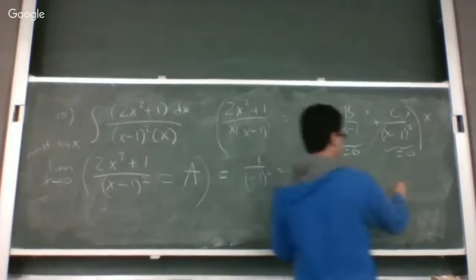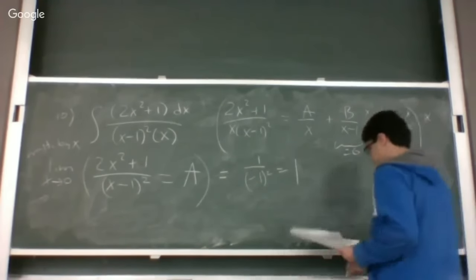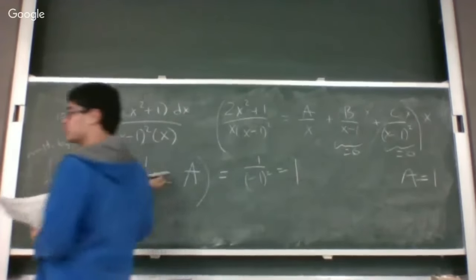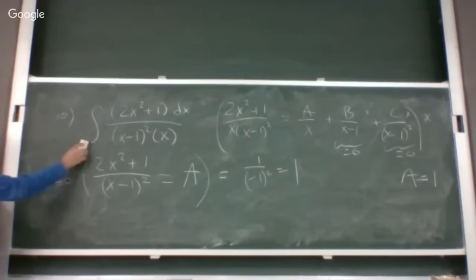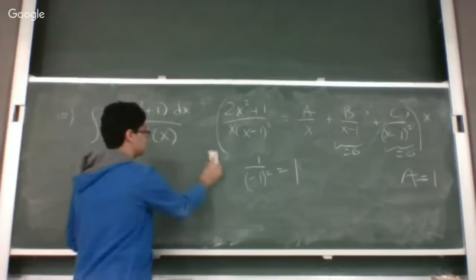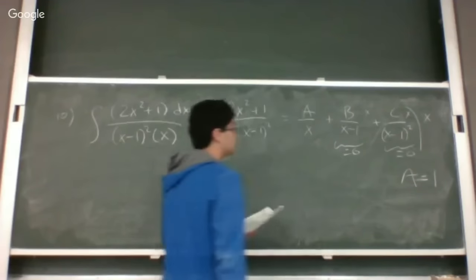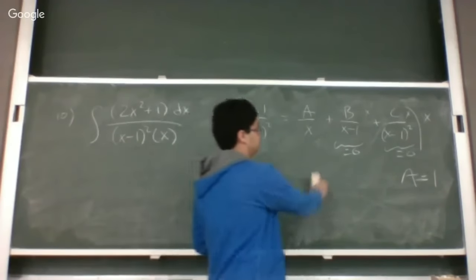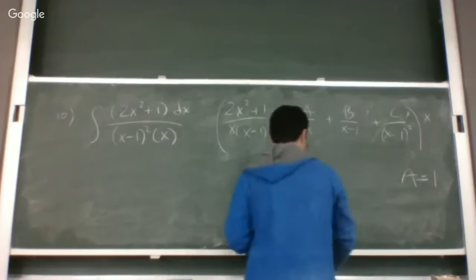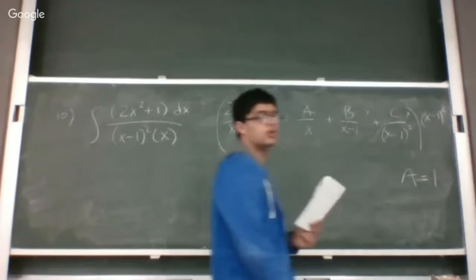Right. So we have a is equal to 1. I'm going to erase this now. So what's the next term that we should multiply by? x minus 1 quantity squared. Okay.